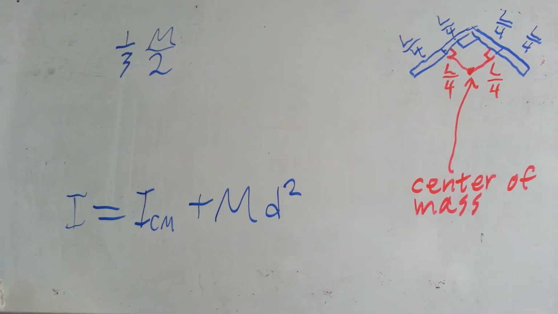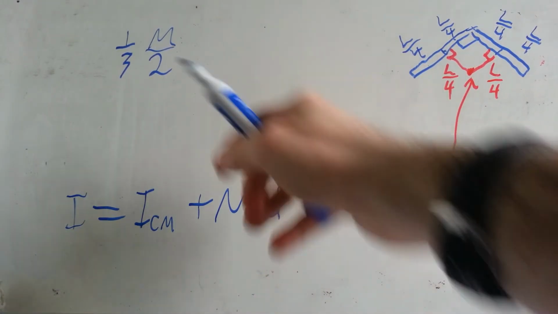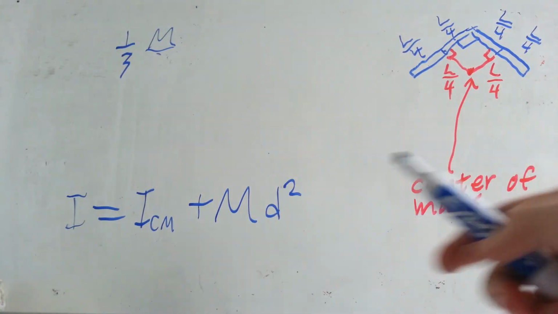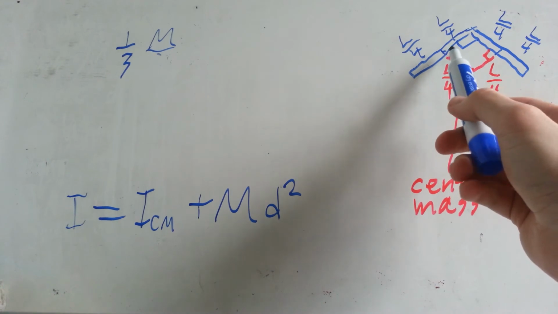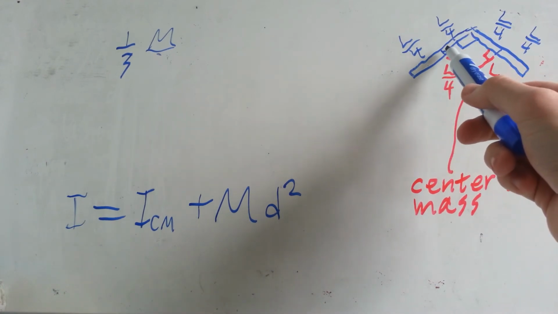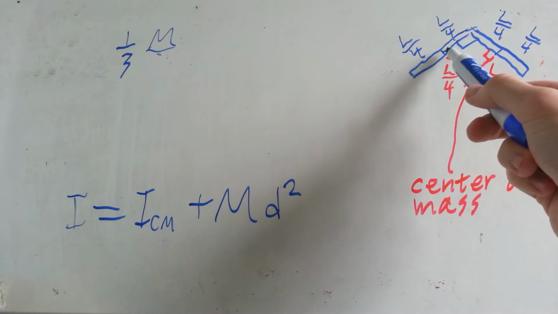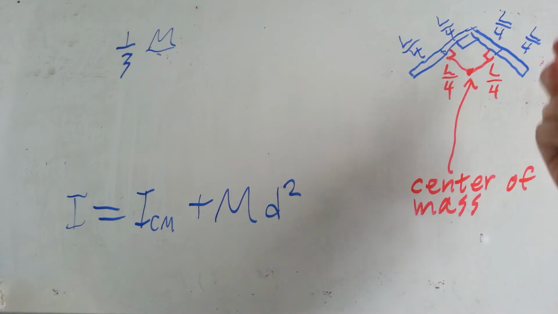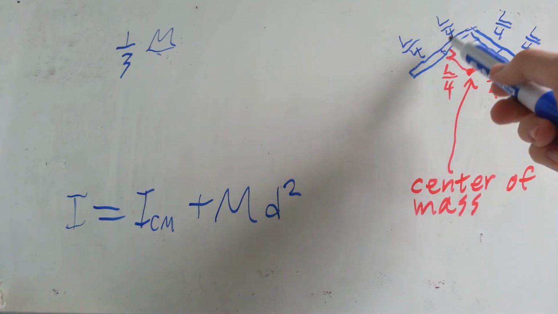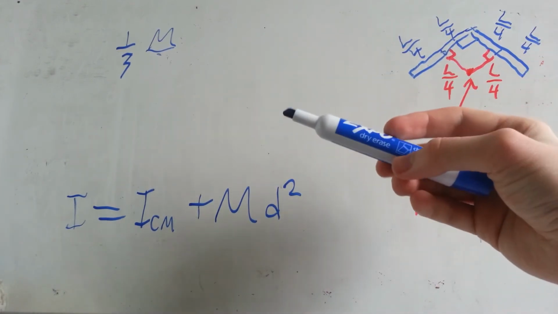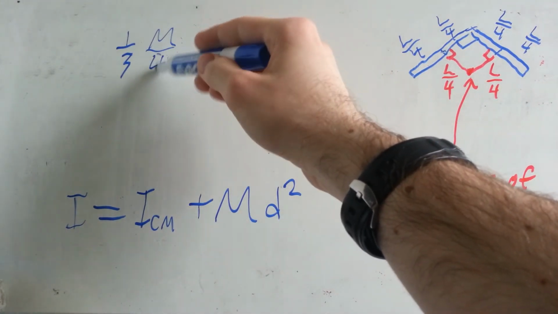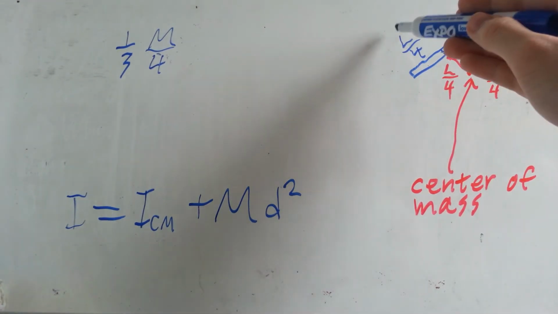Now this part can be a little confusing because we still don't have a formula for finding the moment of inertia of a thin sheet that's rotating here. So once again, we split it into two that are rotating on their ends. So we're just finding this slice here right now.